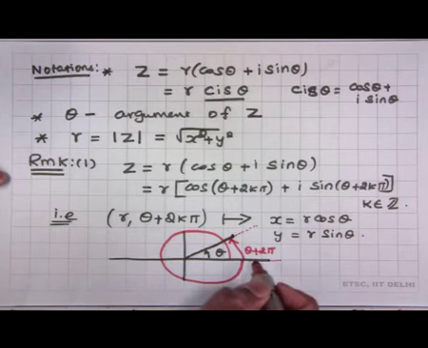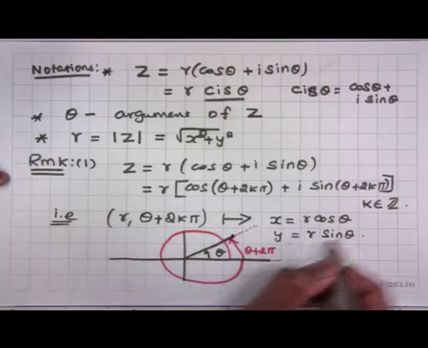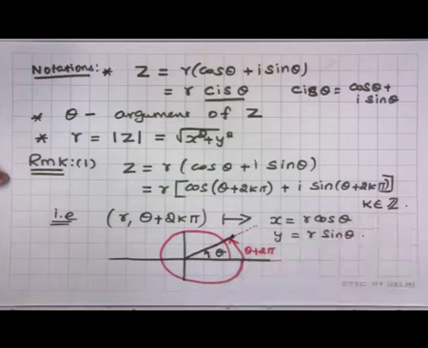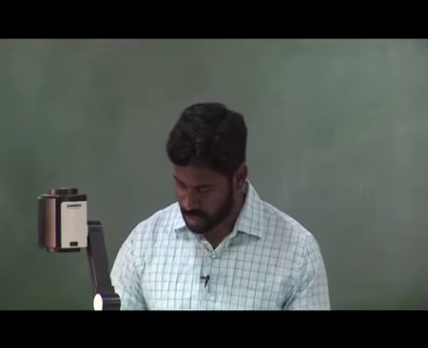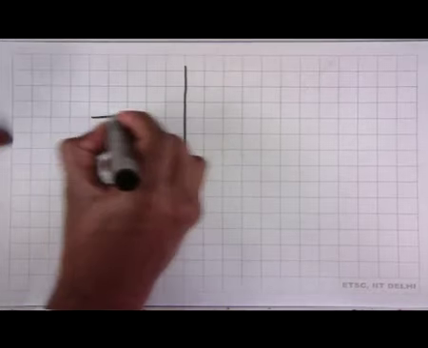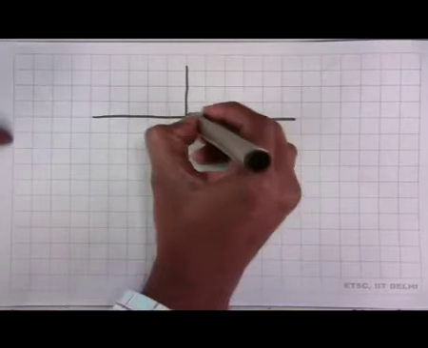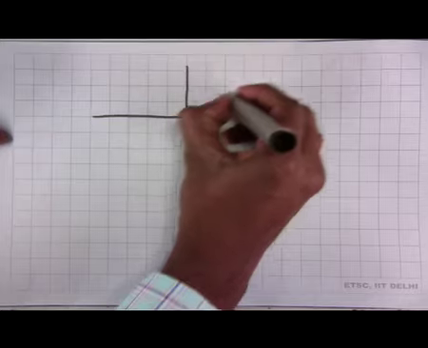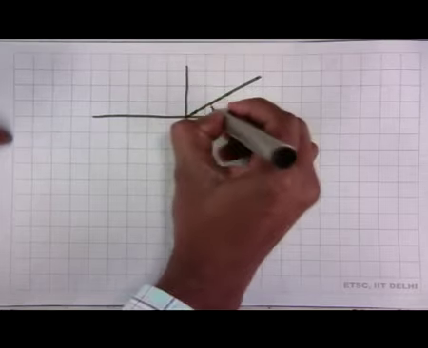Now, the question is, how about the negative values of k? Let us see that. We have a line which makes the angle theta.